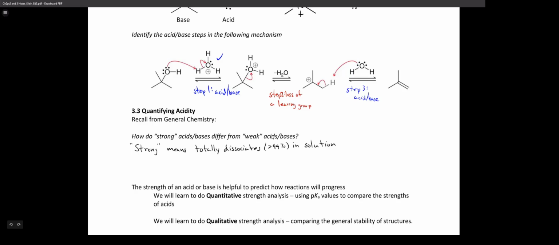So for example, HCl plus water. This is very strong. That means it forms pretty much exclusively H3O+ and chloride. There's almost no equilibrium. It goes very far to the right.